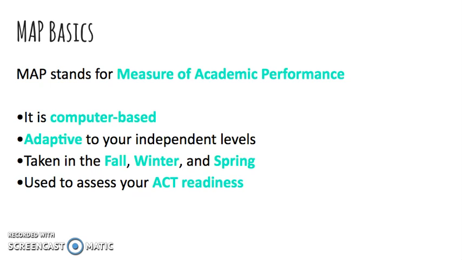So how many of you have done really well on your test and you're like, why are these questions? I've never even seen these before. Or it also means if you're struggling with a question, it might give you a different question to see where your just right level is. So either way, it's helping to find what your actual level is.